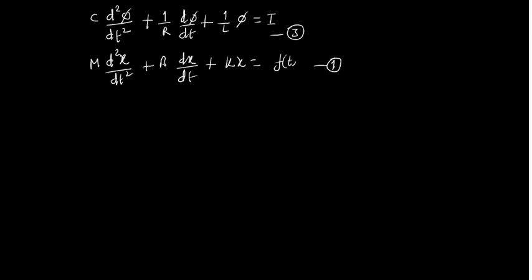Please see here that when we talk about the force current analogy, a mass element can be represented by a capacitor. The damper will be represented by resistance, 1 by R. Then spring constant K is represented by inductance.